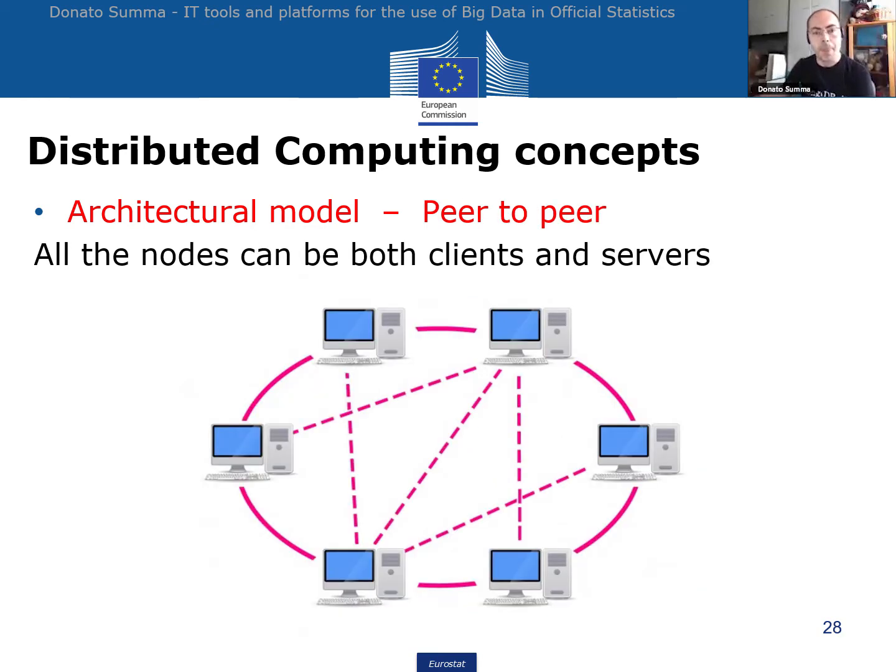The last architectural model that I want to present is the so-called peer-to-peer architectural model. In this model, all the nodes can be both clients and servers. So there's no distinction between the roles. A typical example of a peer-to-peer architectural model is peer-to-peer networks.